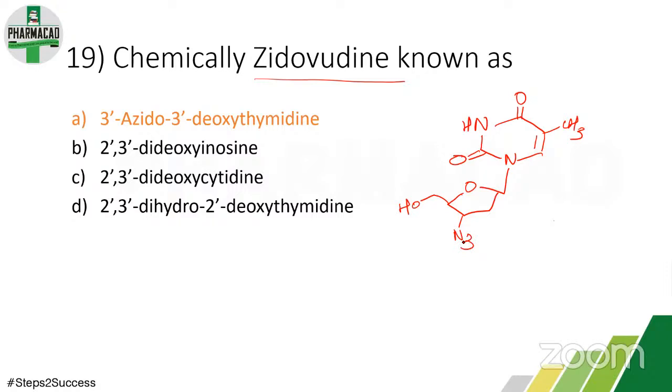As you can see, the thymidine ring is there in Zidovudine, and on the third position, this is the first, this is the second, this is the third, 3-azido, 3-deoxy. Why deoxy? Because in thymidine, here is OH, but it is replaced with N3. So the IUPAC name of Zidovudine is 3-azido-3-deoxythymidine.